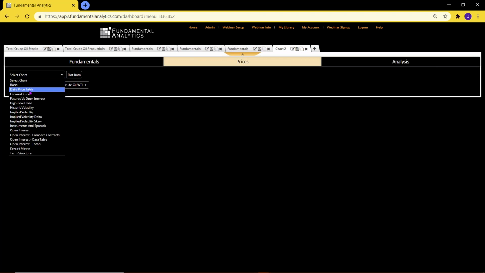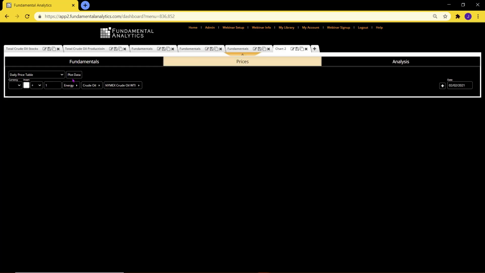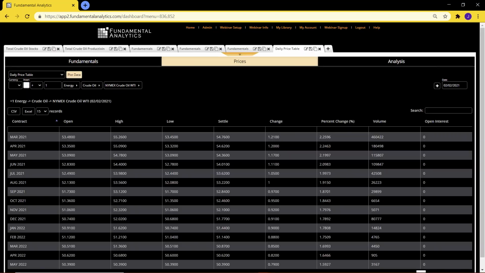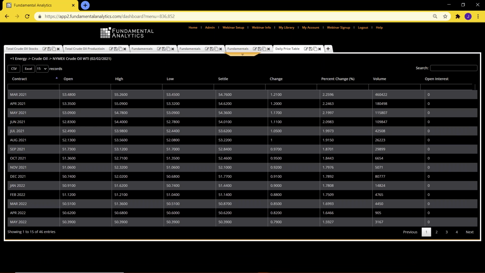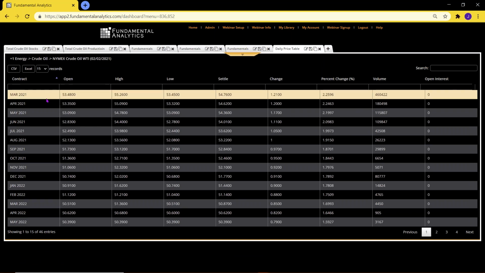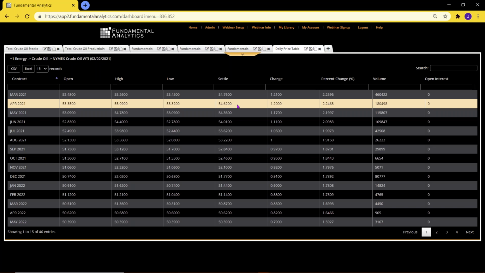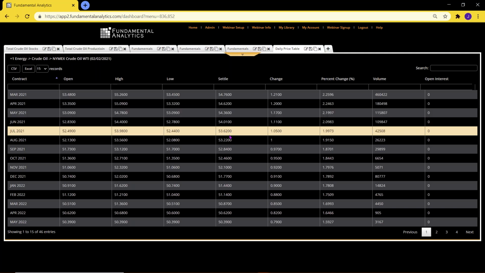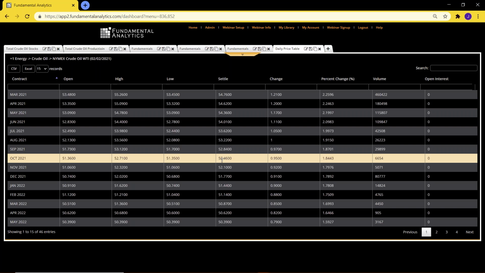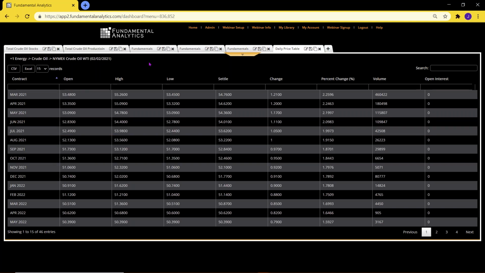We can look at just the daily price table. Plot that. And it shows us all the contracts. So the March crude oil contract yesterday settled at $54.76. The April contract settled at $54.62, and so on. So we are moving into what we call a backwardated market, stronger backwardated market.